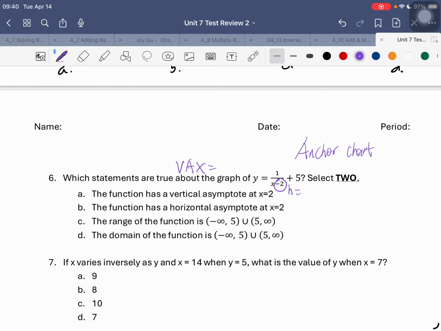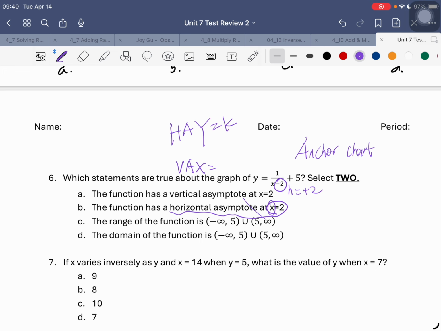H should be +2. It's opposite. And the horizontal asymptote, no, it's not correct because horizontal asymptote is y equal k. No, it's not correct because it gives you x equal. It should be y equal.